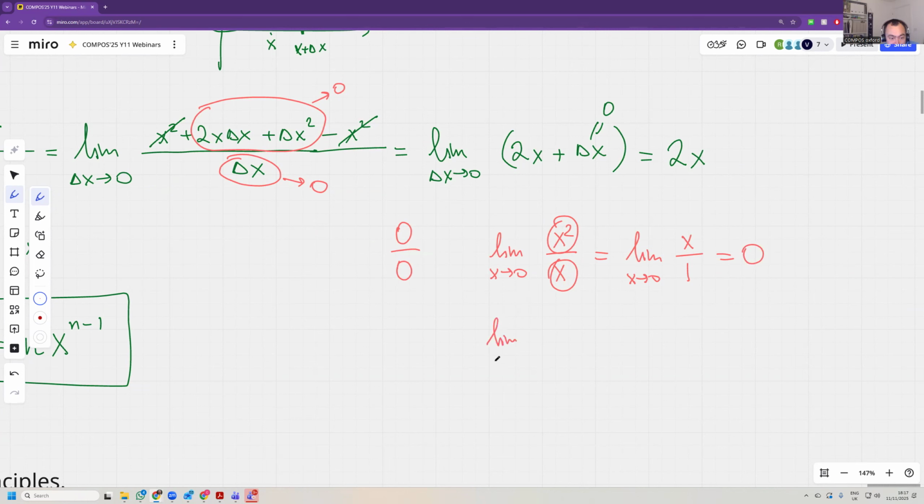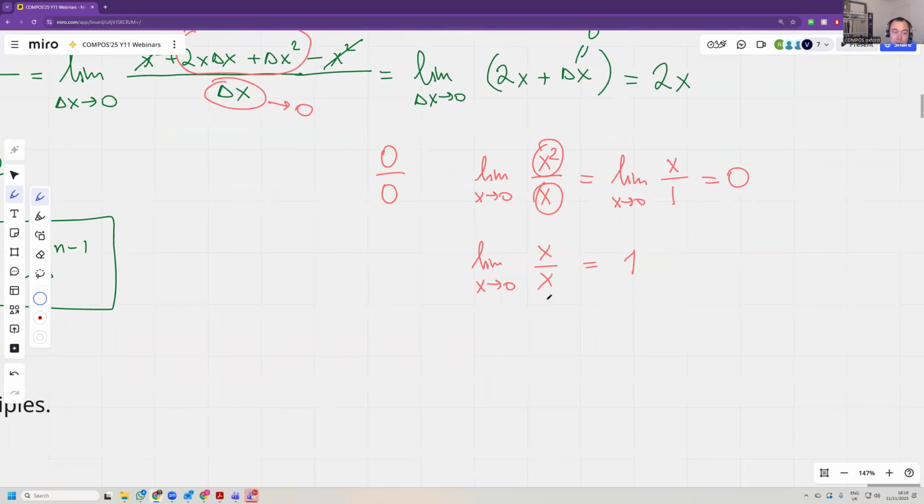And if you do the limit x tends to 0 of x divided by x, they both tend to 0, so it's again 0 divided by 0, but it's actually 1 because you can simplify by x, you get 1. And the limit of x tends to 0 of x divided by x squared is the same as the limit of x tends to 0 of 1 over x.